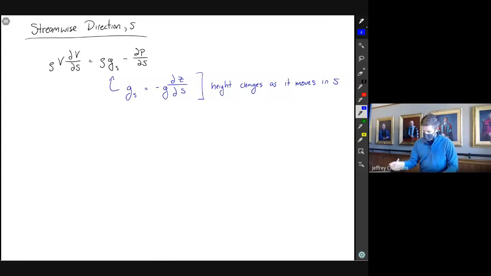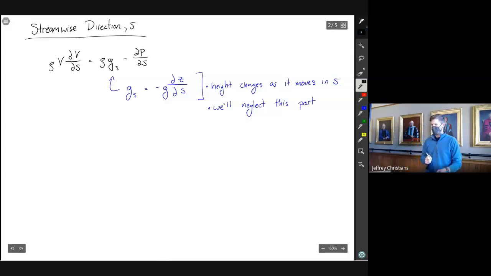So we're going to forget about that part because, especially if you're talking about aerodynamics and flow of gases, gases don't weigh a whole lot. So that density term is pretty small. If you're talking about flows from left to right, your height changes are not huge in those situations.